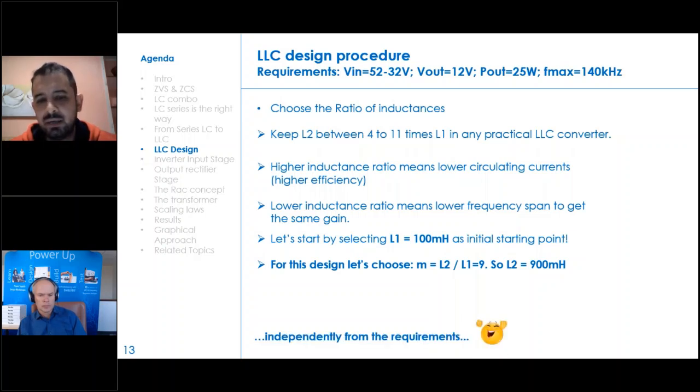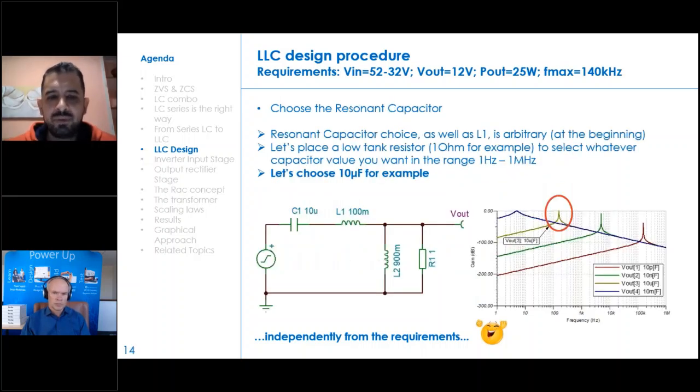This is valid independently from the requirements that are reported on the top. Now, move the same way with the resonant capacitor. Actually, I have selected the inductor L1. I have selected the inductor L2. What about the resonant capacitor?